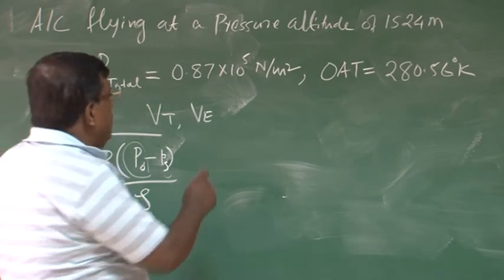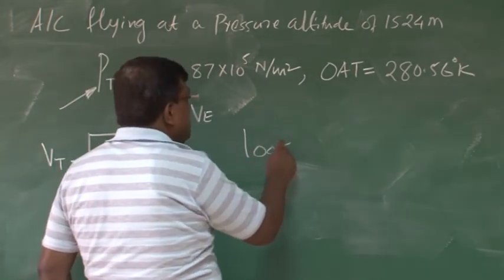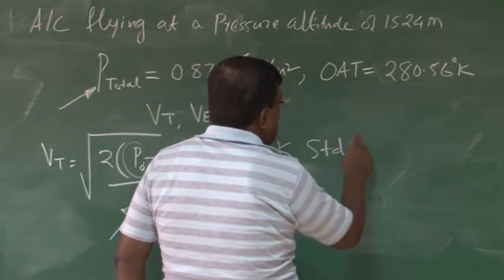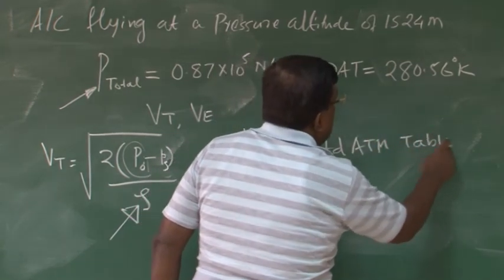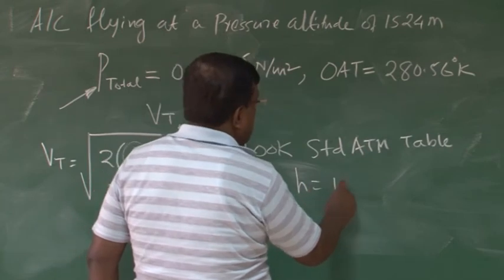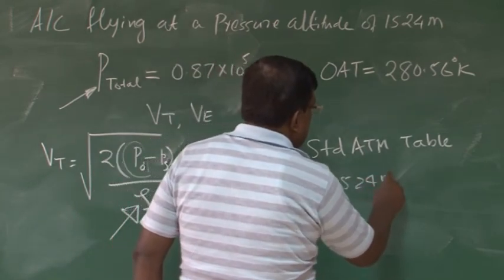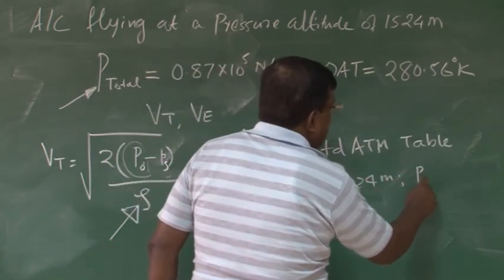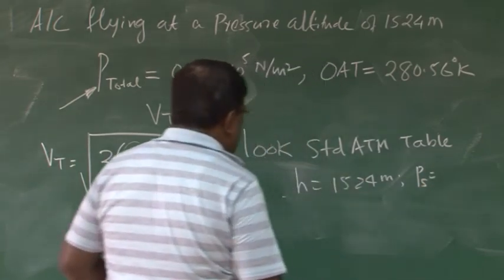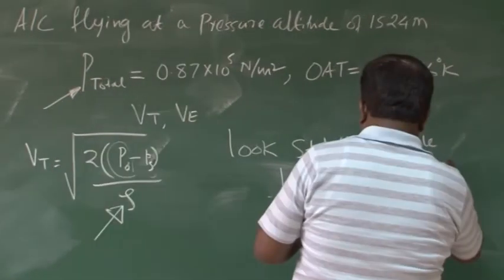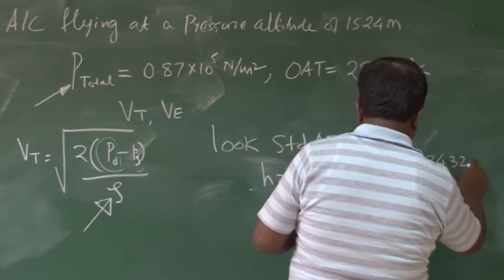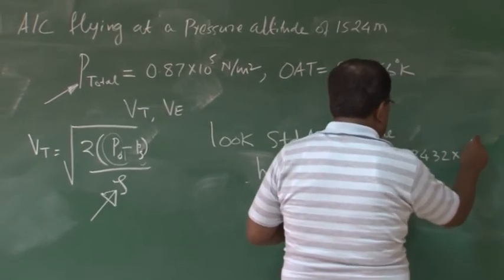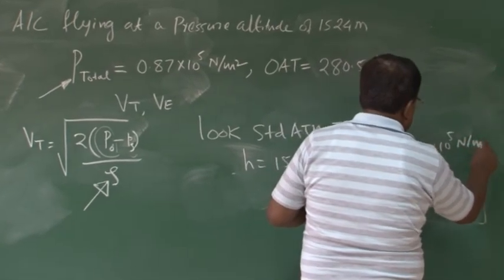So I will now look at the standard atmosphere table and check at H equal to 1524 meter, what is the P, which is PS. And if you check that, you will find that PS is around 0.8432 into 10 to the power 5 Newton per meter square.